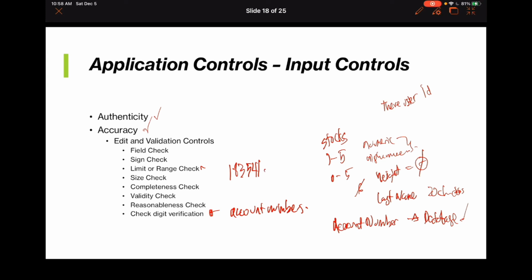They will add another digit which is mathematically computed as your check digit. This is usually computed by adding the digits, then adding the results to arrive at your check digit.